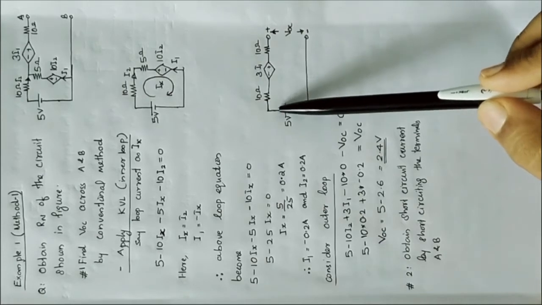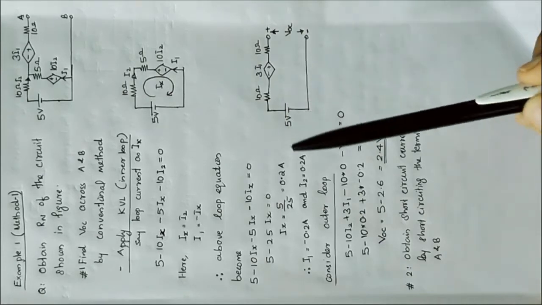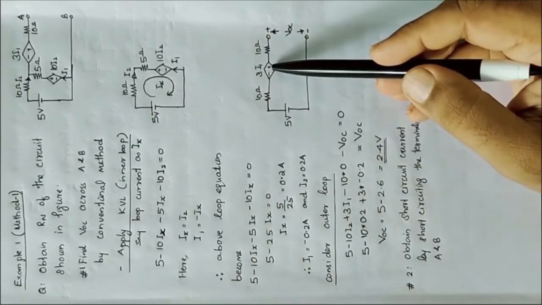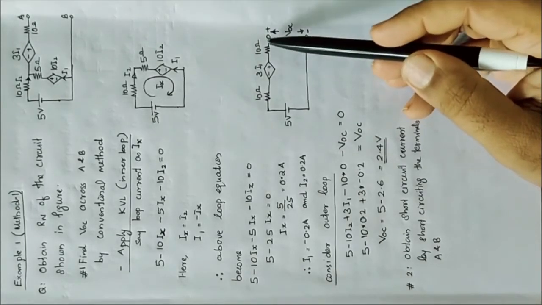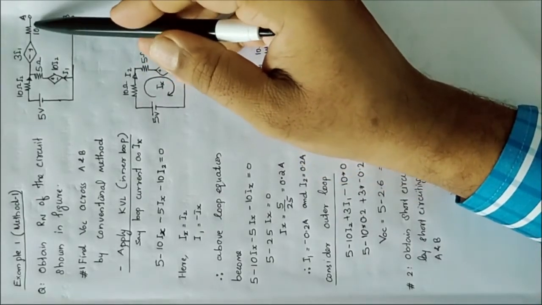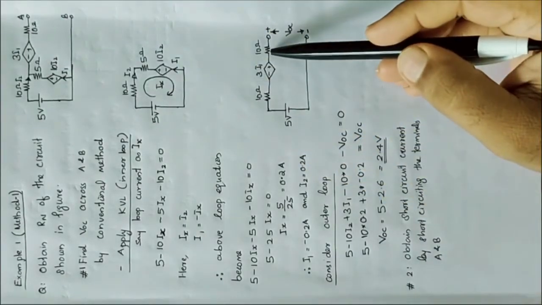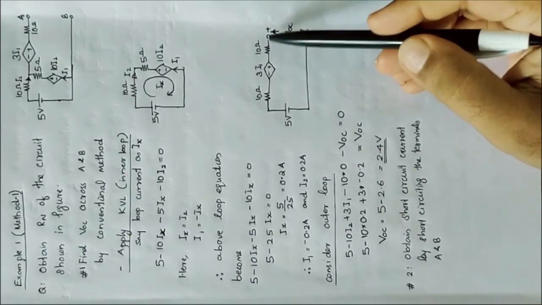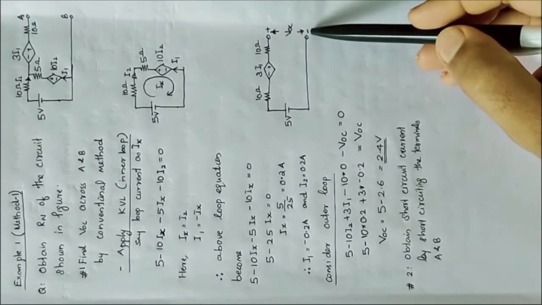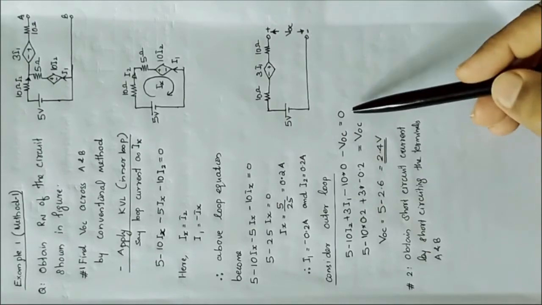In this outer loop, writing the KVL equation, it becomes 5 minus 10 I2 plus 3 I1. As it is open circuited, the current through the 10 ohm resistor is 0, therefore minus 10 into 0, and this is the open circuit voltage, so minus VOC is equal to 0.